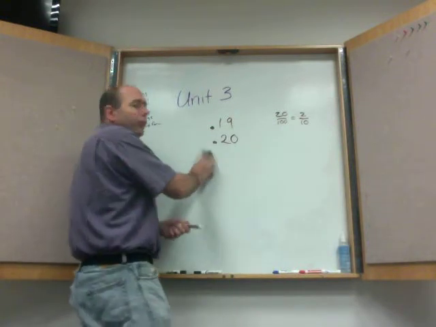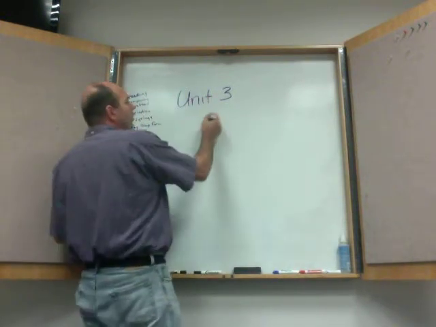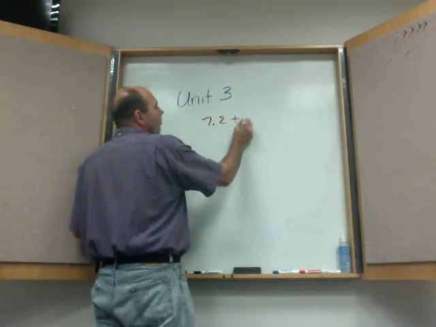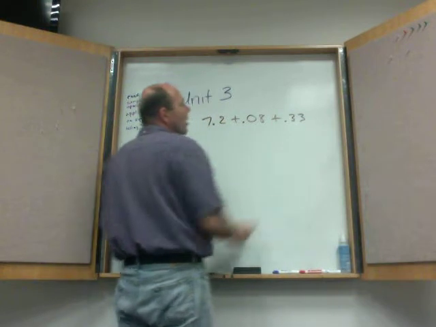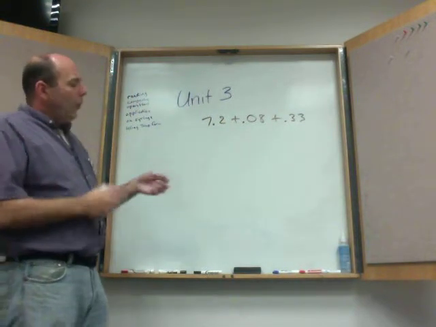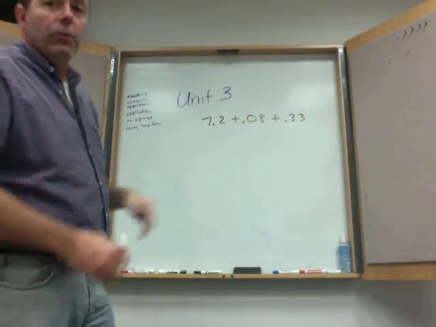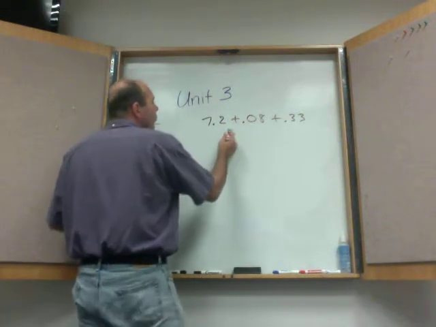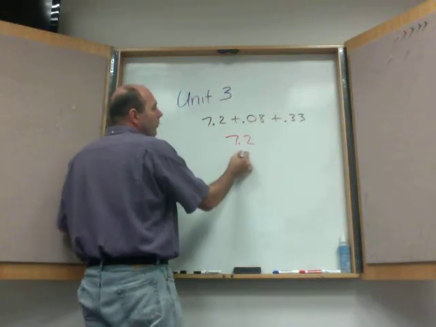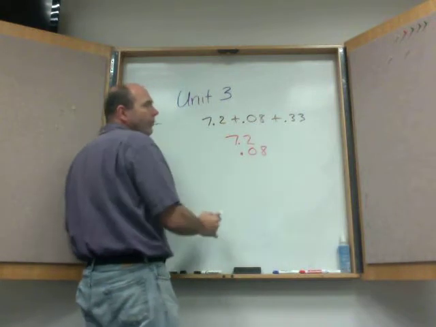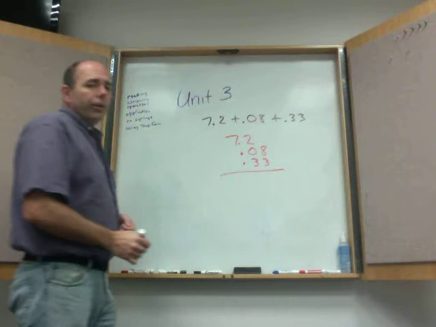Let's look at some of the operations with decimals. For adding and subtracting, if I were going to say... and I need to add these up, all I'm going to do with them is put them in a column with the decimal points lined up. So 7 and 2 tenths, 8 hundredths, 33 hundredths.